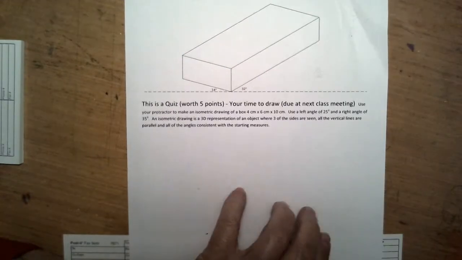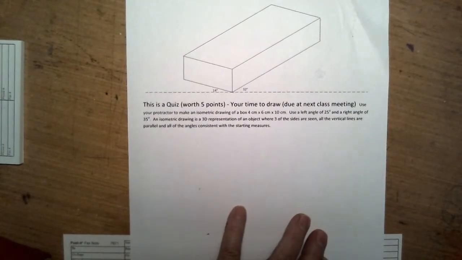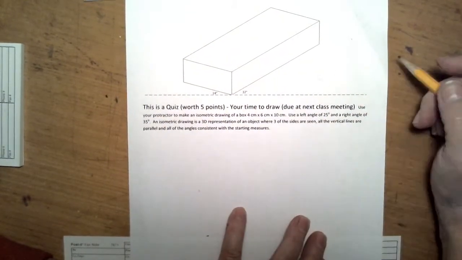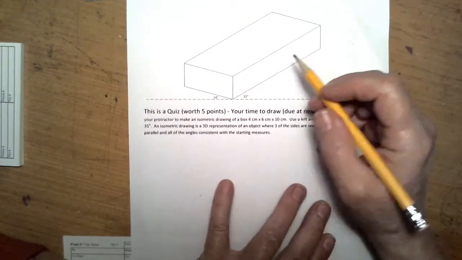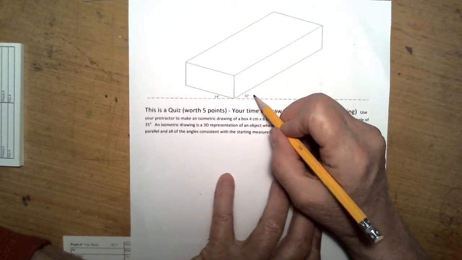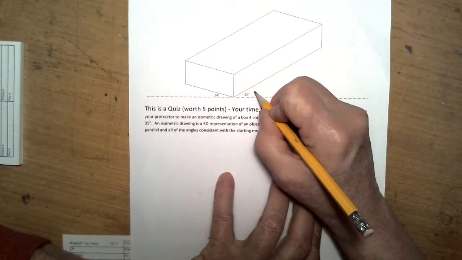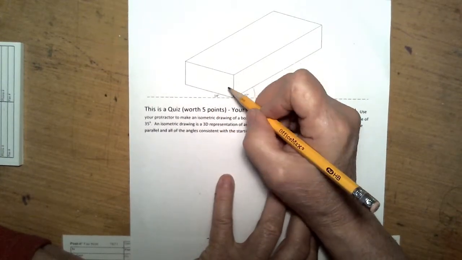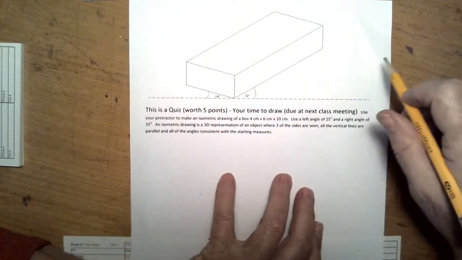So in this example that you're looking at here, I used this as a starting point. You have to have some starting point on your horizon. And I said that I wanted to draw this box such that this side was going to be exactly 32 degrees from my horizontal, and this guy was going to be 14 degrees from my horizontal.